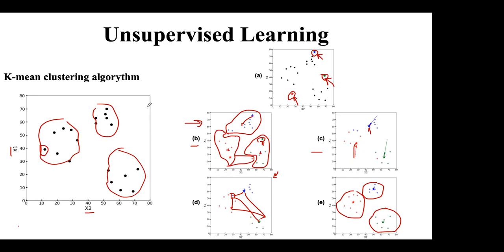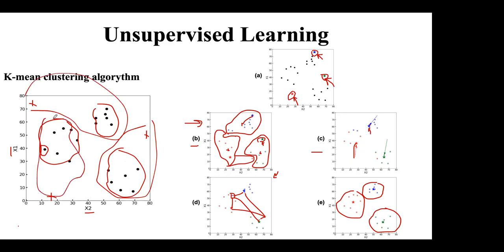Now let's imagine that the first one I initialize randomly here, the second one I put here, and the third one I put here, right? Then this might become the first group, this one the second group, and this one the third group, right? But after some iterations, the centroids would move.